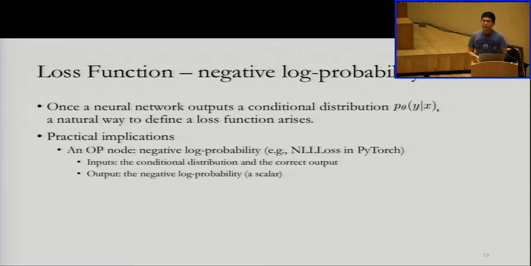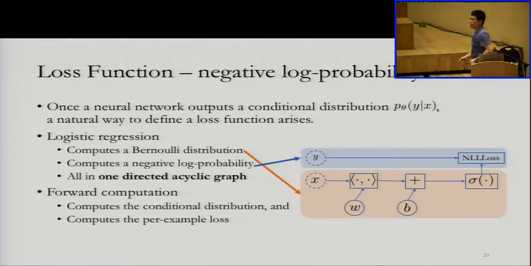What it means is that all you need to do is figure out which distribution your problem requires, and then put it at the end of your graph, and put the loss block at the end. What do I mean? So we had the logistic regression here. We know that this is going to output a Bernoulli distribution. We're going to simply add in the negative log likelihood block, for instance, from PyTorch.